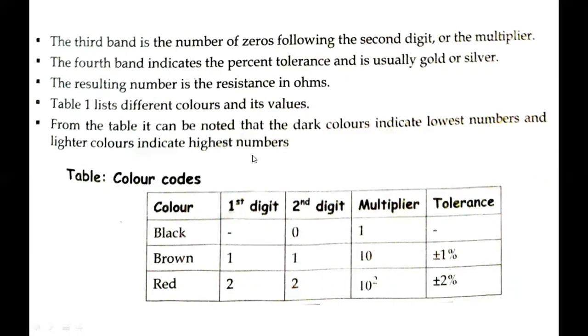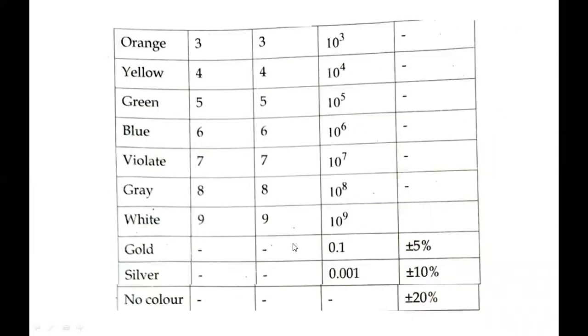Now, from table 1, it can be noted that the dark colors indicate the lowest numbers and lighter colors indicate the highest numbers. So different colors and the values it gives: black, brown, red, yellow, green, blue is 6, violet is 7, gray is 8, white is 9.